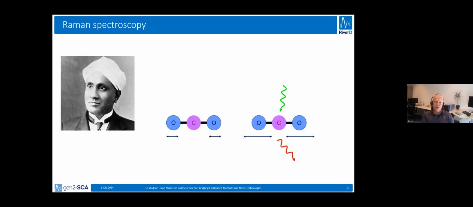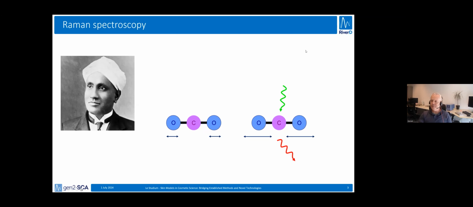All you need to know to understand Raman spectroscopy is that the atoms in a molecule do not stand still, but they move about their equilibrium position in the molecule in so-called vibrational modes. Now, what Mr. Raman discovered is that if a particle of light, a photon, hits a molecule, it can transfer some of its energy to such a vibrational mode.